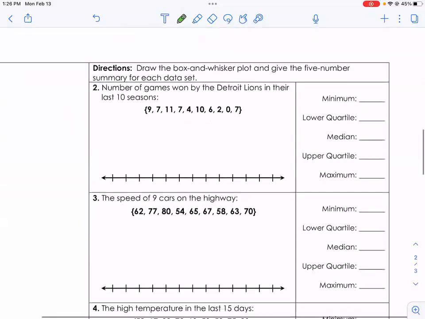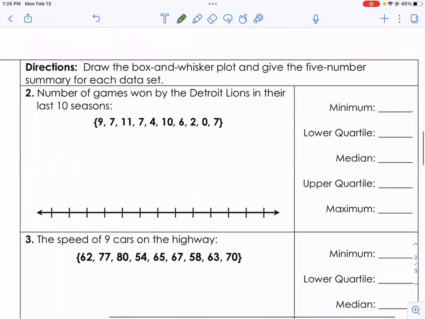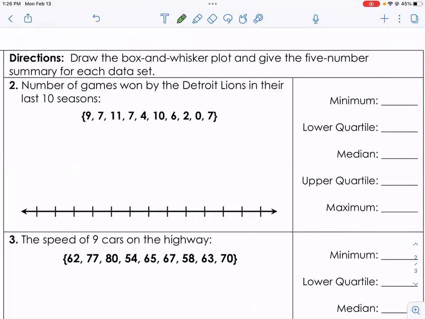Okay. All right. What I want you to do. We have some Detroit wins. Hold on. Is that the one I want you to do? Yep. I want you to do the wins for the Detroit Lions. So I want you to create our box and whisker plot. 5-number summary here, people.